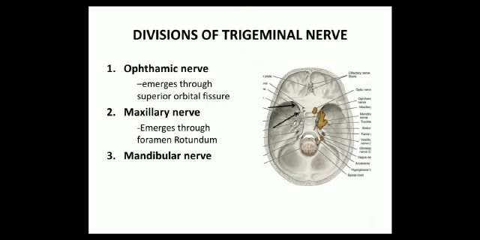And the mandibular nerve, the third nerve, is a mixed division having both motor and sensory components. It emerges through the foramen ovale and carries the sensory fibers derived from the mandibular process.